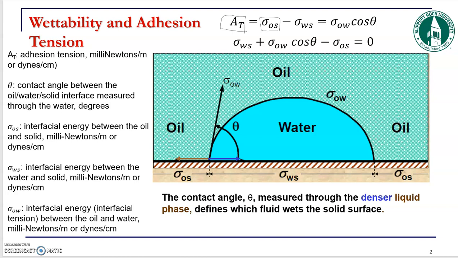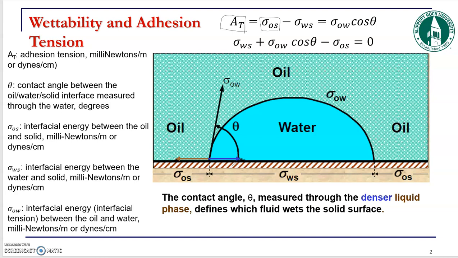So if you write the force balance on the x direction, you will see that sigma OS minus sigma WS is going to be sigma OW cosine theta, which is going to be on the x-axis, right? And we called the difference between oil and solid and water solid interfacial tensions adhesion tension. And that is equal to sigma OW cosine theta.